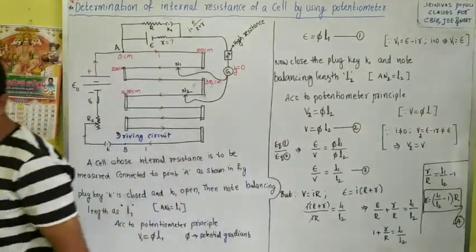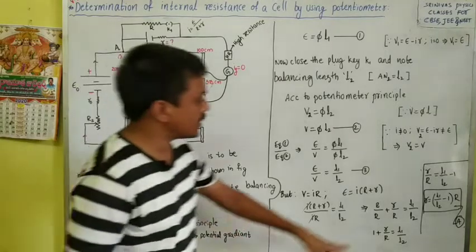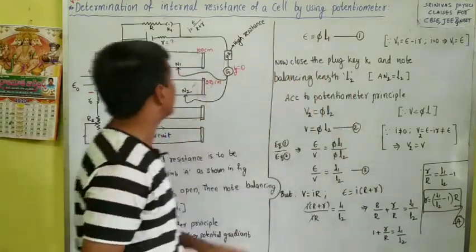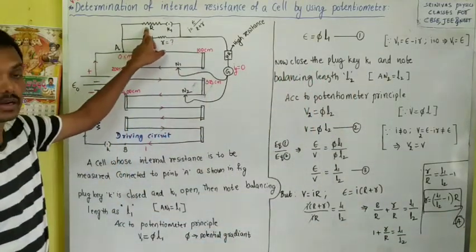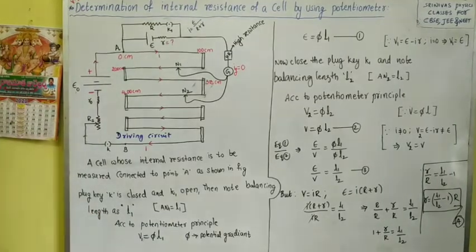This is the formula and derivation, and by using that formula we can find out the internal resistance of a cell. While finding the internal resistance, L1 is required, L2 is required, capital R is required. Capital R you already know. What is L1 and what is L2?